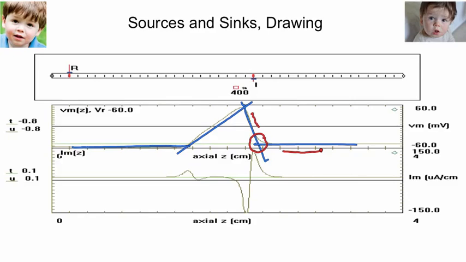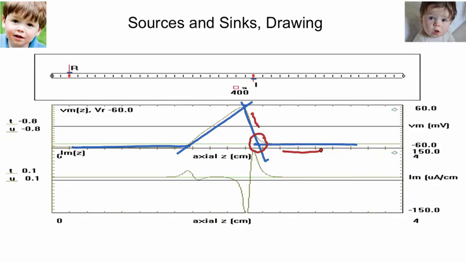The slope changes abruptly from one that's highly negative to one that's much more positive. Therefore, the second derivative is positive. Now, of course, a positive second derivative should result in a source. That's the sign of a current source, current coming out of the fiber.